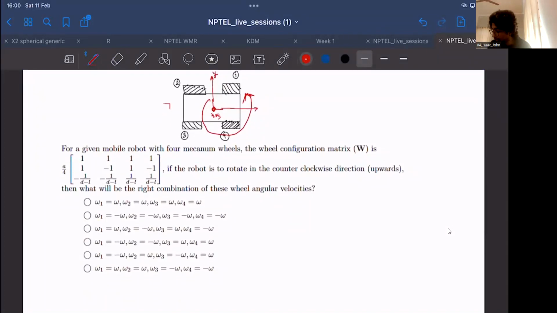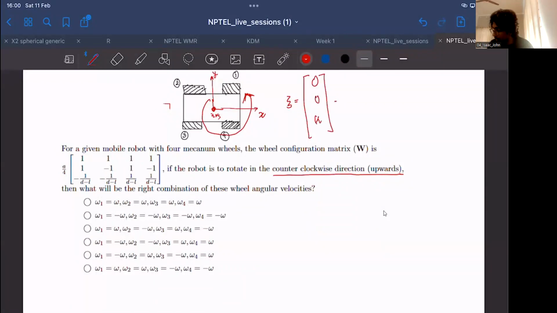So again, you are given the zeta vector, and as per the question, zeta is basically counterclockwise rotation upward. It doesn't have any component along its x-axis and its y-axis. So zeta is given as 0, 0, some constant k.